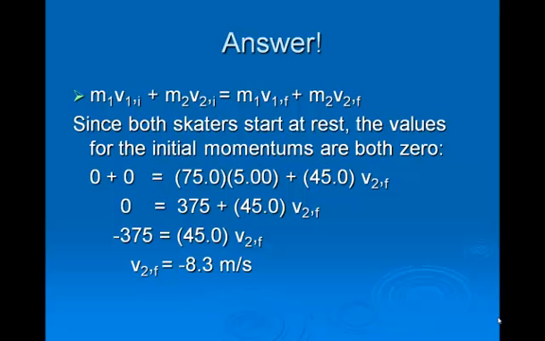Isolate the variable associated with the final velocity of Nadia on the right-hand side and divide in the last step. Notice the sign of the answer here, negative 8.3 meters per second, is opposite that of the other skater in this case. Again, we should expect this because the two objects are headed in completely opposite directions.